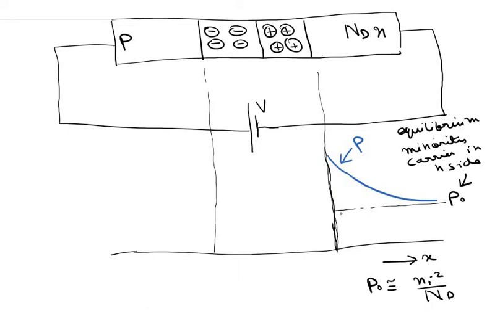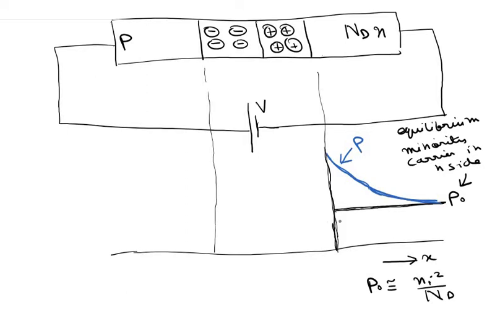This line defines the equilibrium minority carrier concentration, and due to forward bias excess minority carrier concentration has built up. As we gradually move away from the junction, this excess is nullified, and far away from the junction the minority carrier concentration becomes equal to the equilibrium concentration.